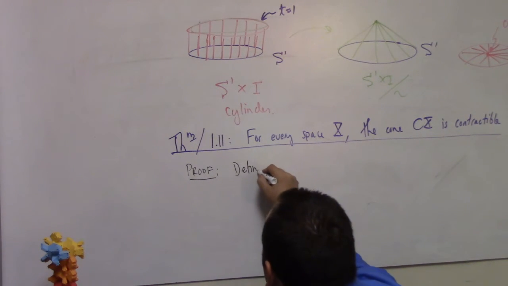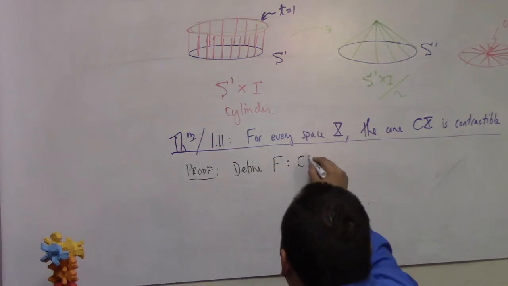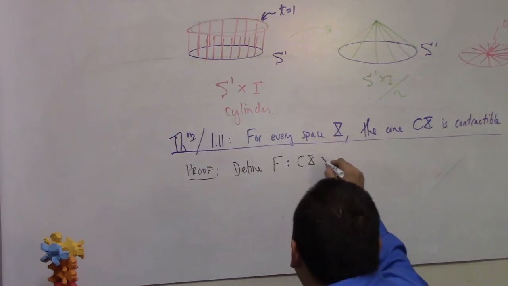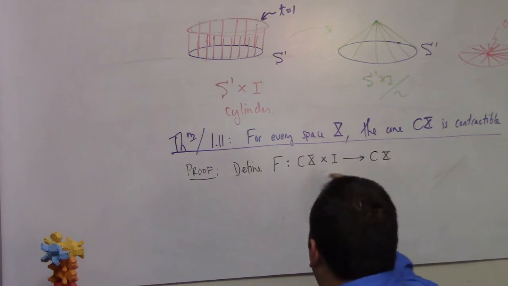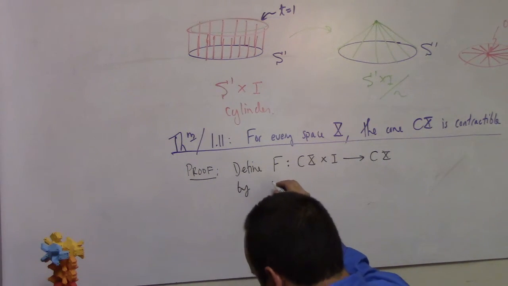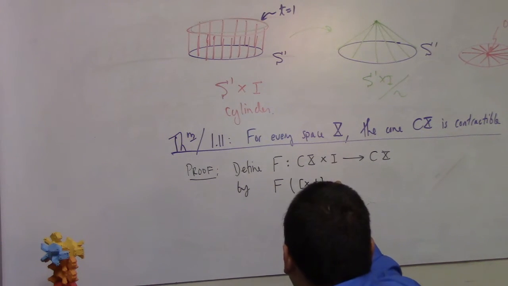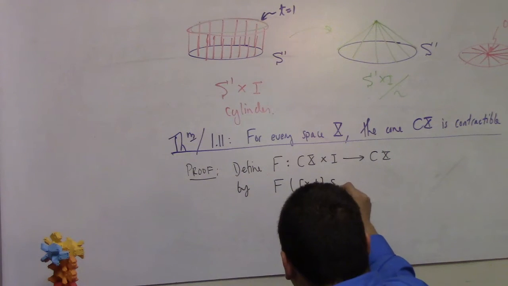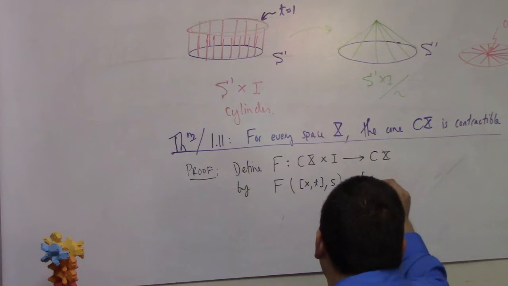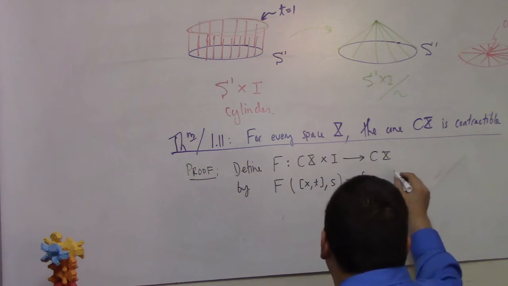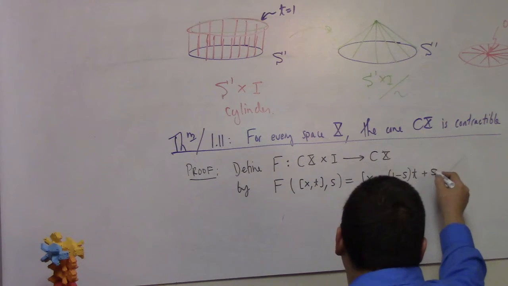Define f that goes from the cone over X cross the unit interval to the cone over X by f of the equivalence class of (x, s), t equals the equivalence class of (x, (1 minus s) times t plus s).